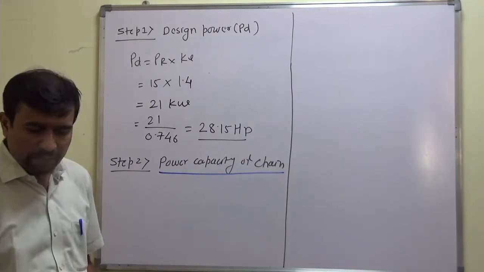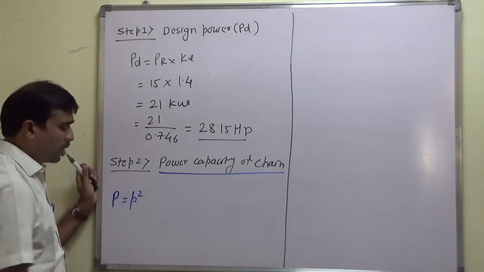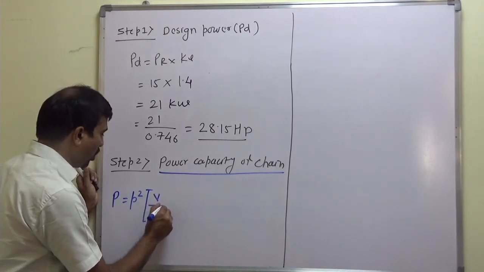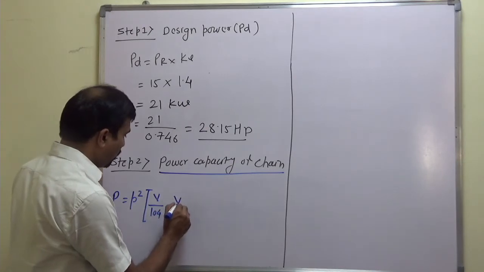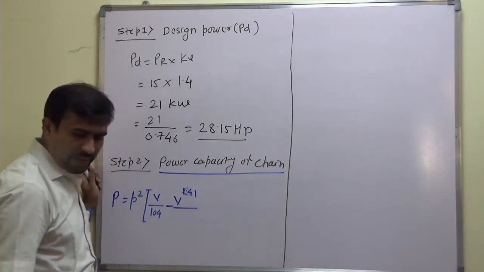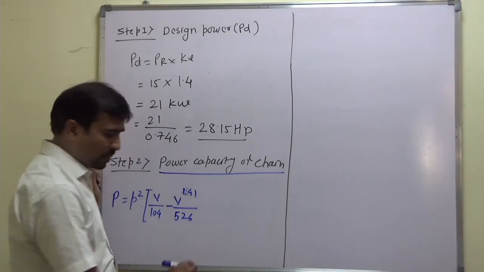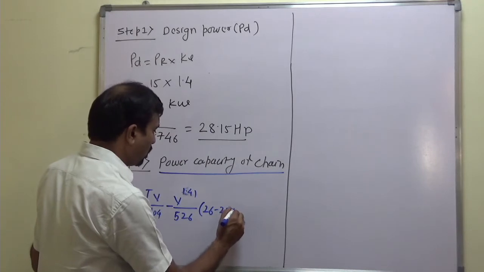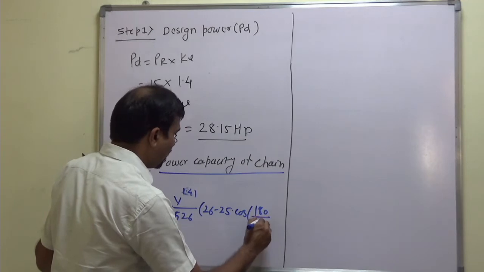Now it is given by the equation: capital P, power capacity of the chain, is equal to small p square, that is pitch square, in bracket V upon 104 minus V to the power 1.41 divided by 526 in bracket 26 minus 25 cos 180 divided by T1.